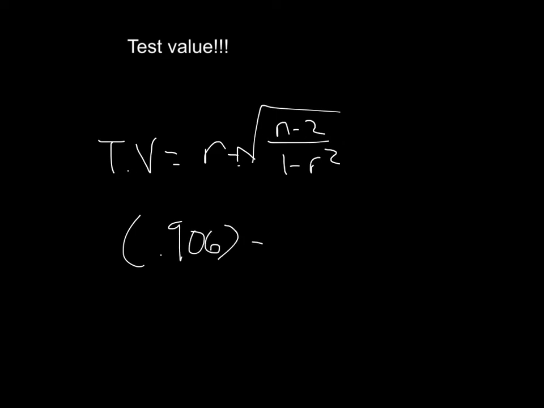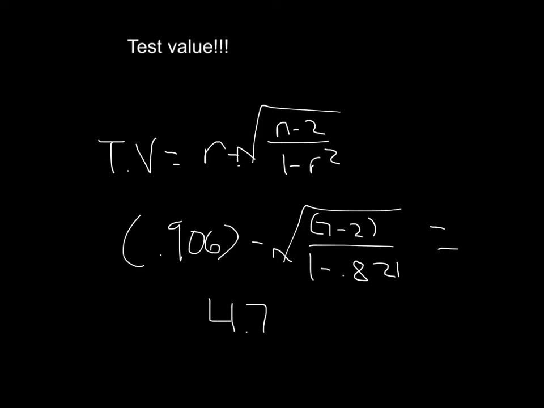We multiply it by the square root of n minus 2, which is 7 minus 2, which is just the degrees of freedom. Underneath it, you'll have 1 minus r squared, which we discovered was 0.821. And that'll all come out to equal 4.788. So 4.788 will be your test value.